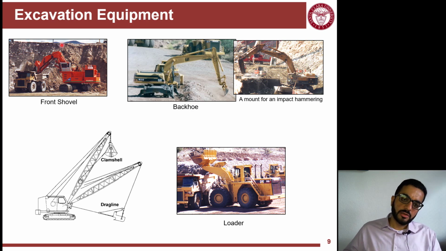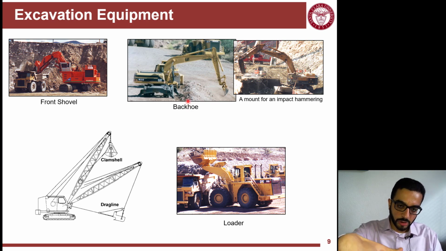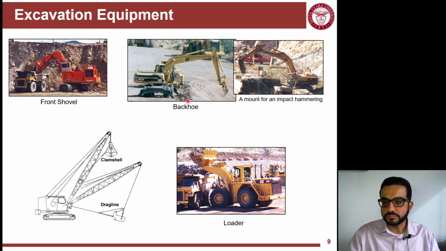They dig mostly above the level of the equipment, above the level of the ground. Backhoes are more common and can reach lower levels under the ground. So the front shovel scoops above the ground, while the backhoe digs below the ground level where they are.